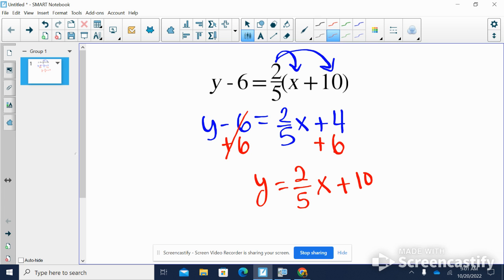So we still have our slope of 2 over 5, but our y-intercept is actually a positive 10. So that's another way that we can graph a line easily, starting with the y-intercept and then using the slope to get to another point. And I promise you, if you graph it this way and you use that slope, you are going to get to the point negative 10 comma 6.